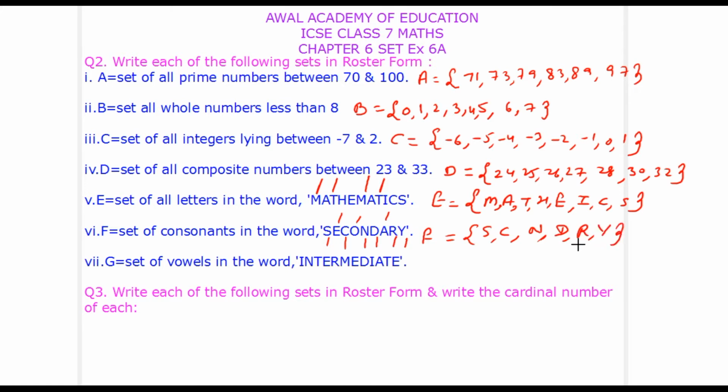Right, students? Now G. G is a set of vowels in the word. Here we will take only vowels. I is a vowel, E is a vowel. E appears 2 times, but it will be taken once. I is also 2 times. E is also 3 times.